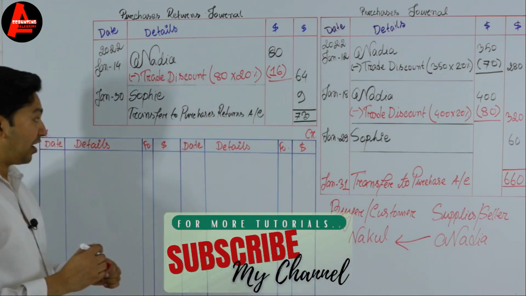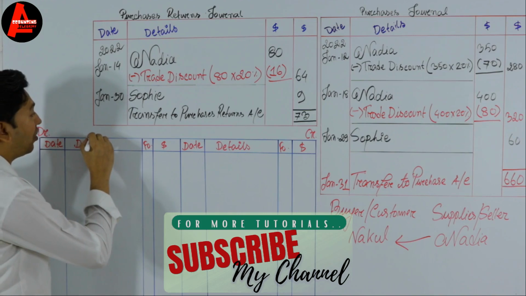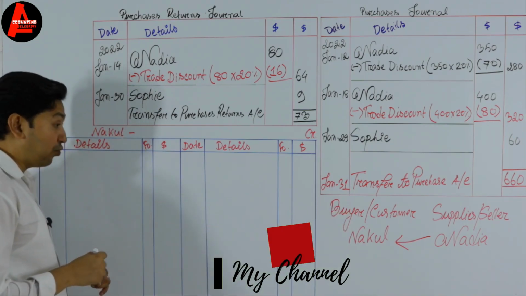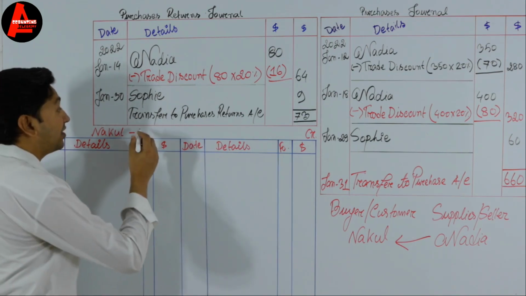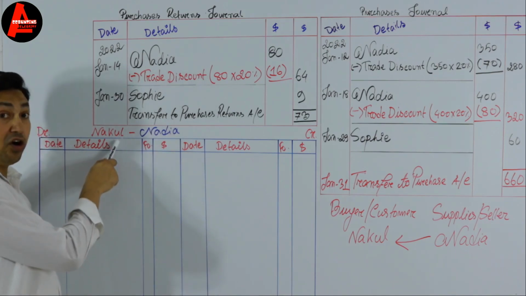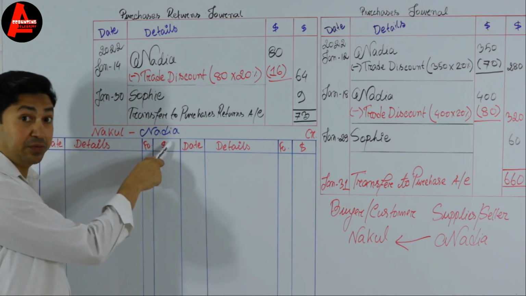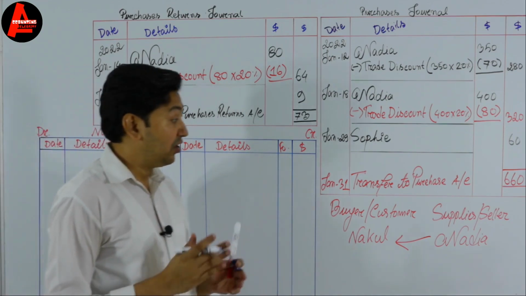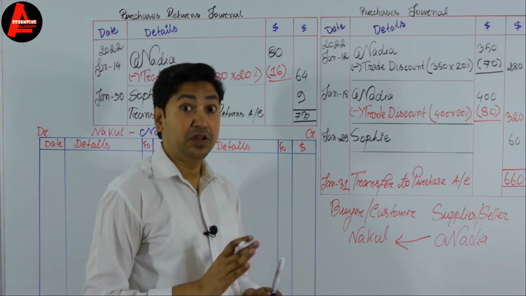We are Nakul, so this is our book. In our book we will prepare Nadia's ledger. Don't be confused here. If you are confused, a lot of things will be incorrect.